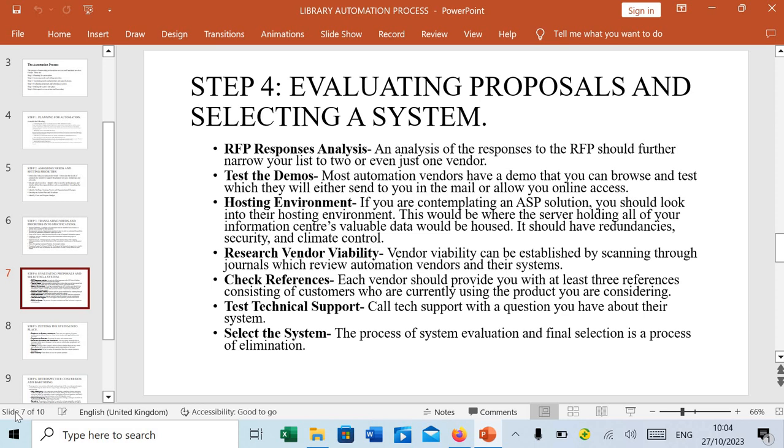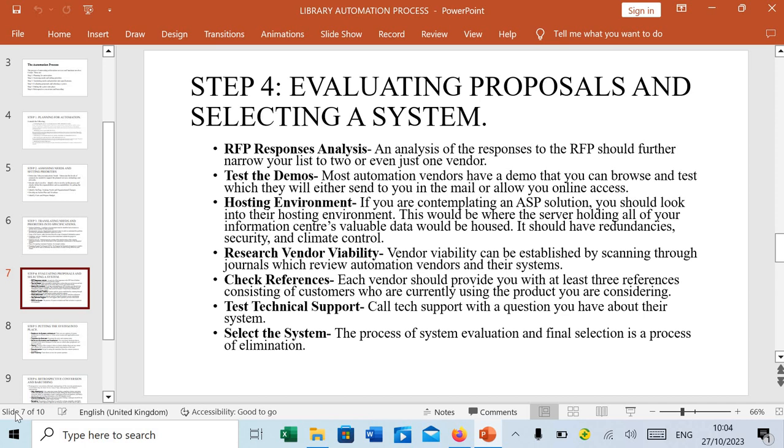Then step 4 is all about evaluating the proposal and selecting a system according to the analysis that has been done, which is supposed to narrow down to 2 or even just 1 vendor. When you get this proposal, you're supposed to test the demo that these vendors have given to you.